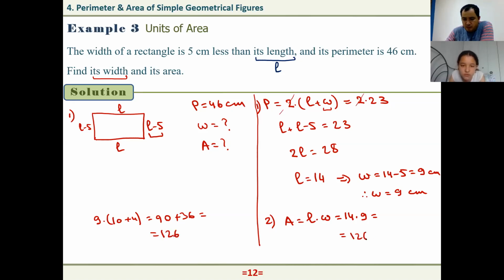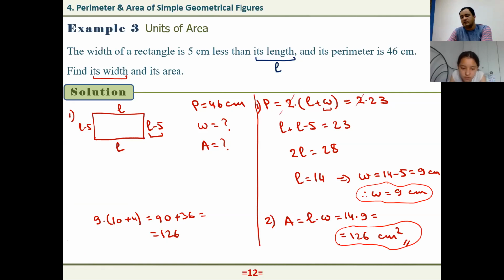So that is 126 centimeters squared. Okay, so we have two answers here. Those are: the width of the given rectangle is 9 centimeters and the area of the given rectangle is 126 square centimeters.